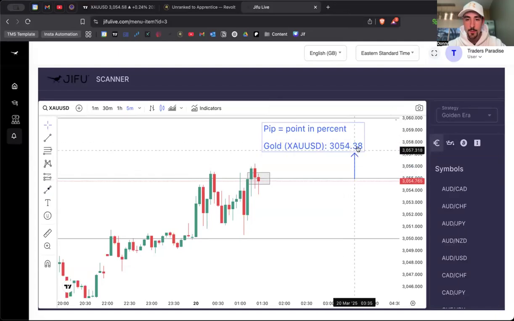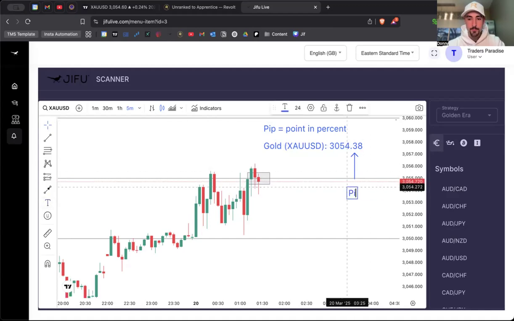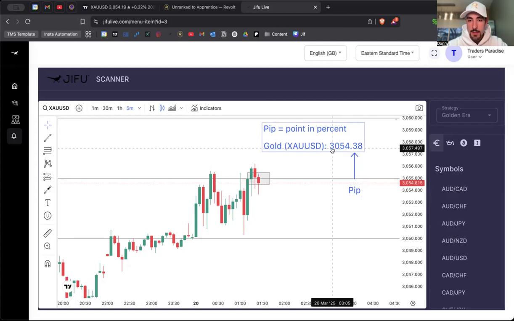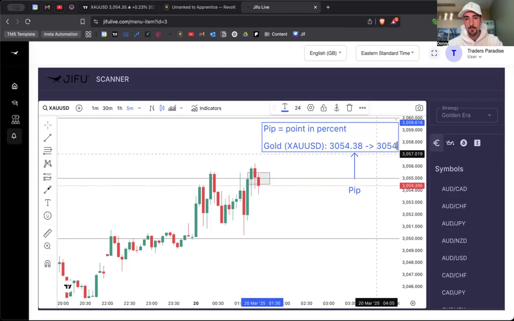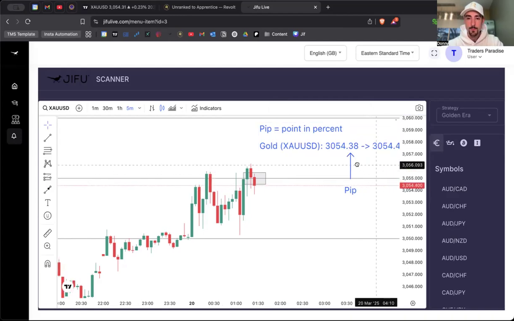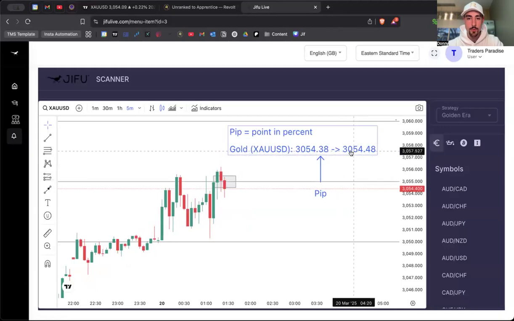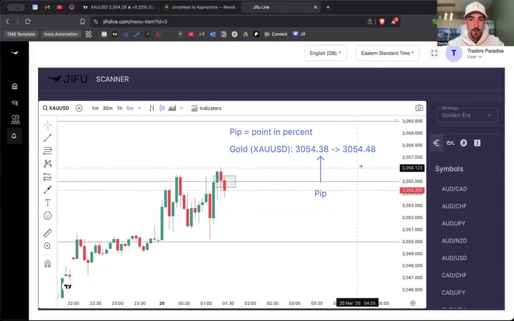This decimal point, the 3, that's the equivalent of a pip. So if we had a fluctuation from, let's say, this to 3054.48, that is a 1 pip fluctuation.